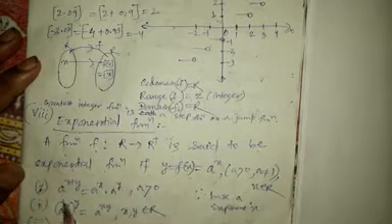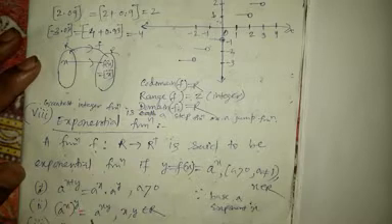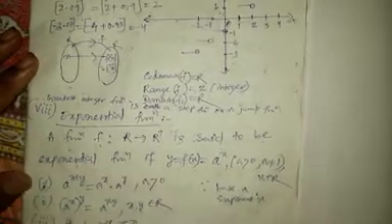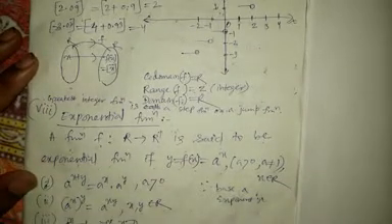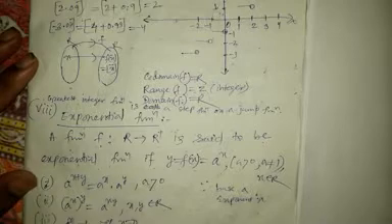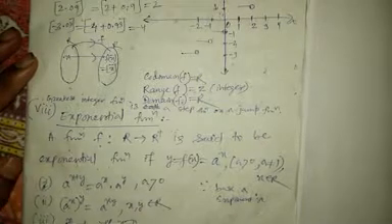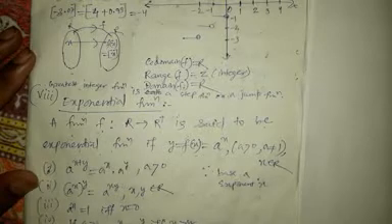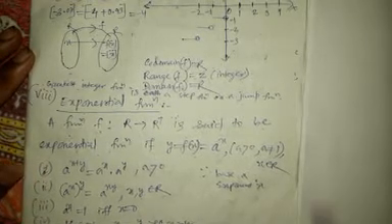A to the power x, whole to the power y, is equal to a to the power xy, where x, y belong to real numbers. A to the power x is equal to 1 if and only if x is equal to 0. Similarly, if a is greater than 1, a to the power x is greater than a to the power y if and only if x is greater than y.